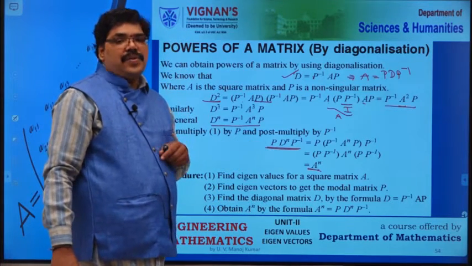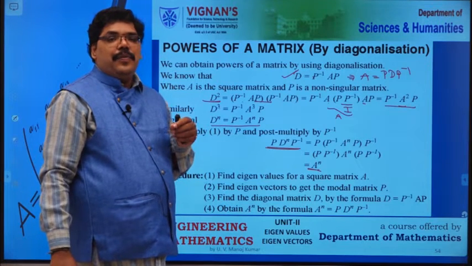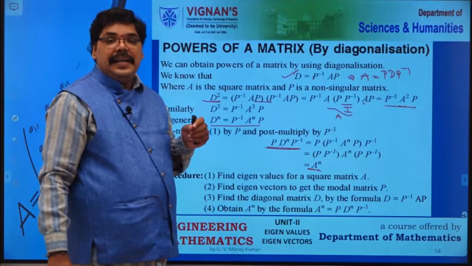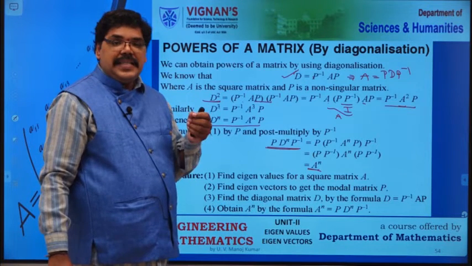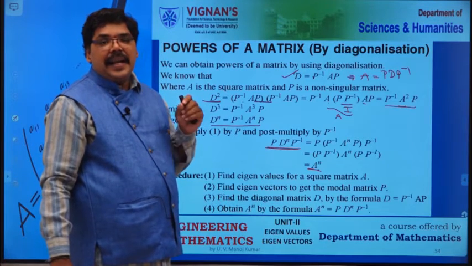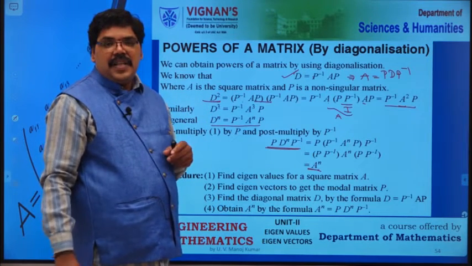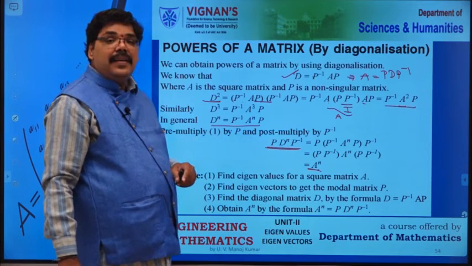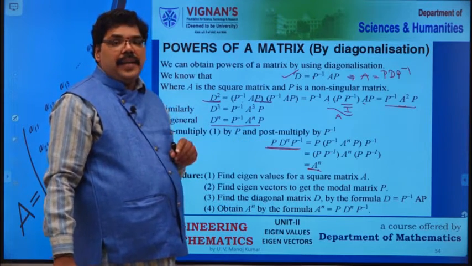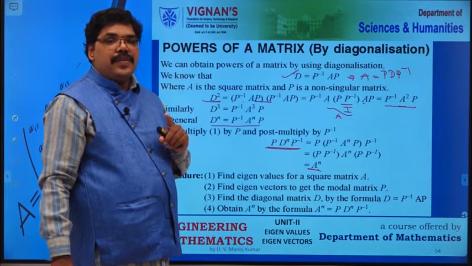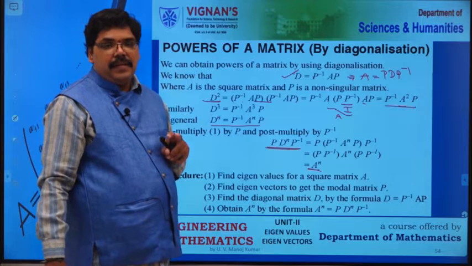So what is the use of this method? For a diagonal matrix, D power n is nothing but the elements of the diagonal raised to the power n. That's all. To find D power n, you have to raise the diagonal elements of D to the power n.